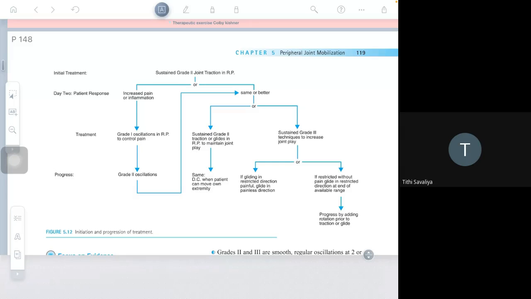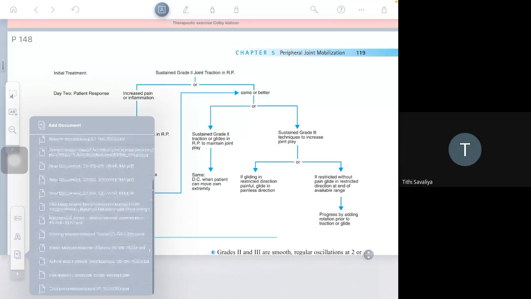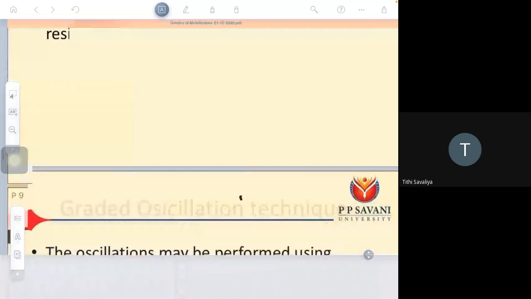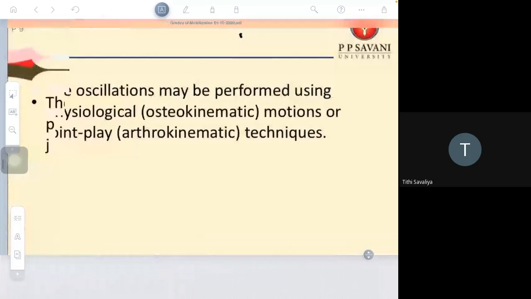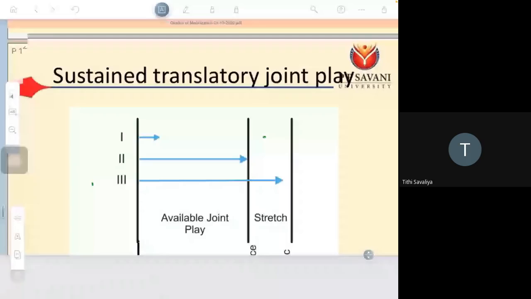Today we are going to discuss initiation and progression of mobilization. Last class, I think we completed this slide.